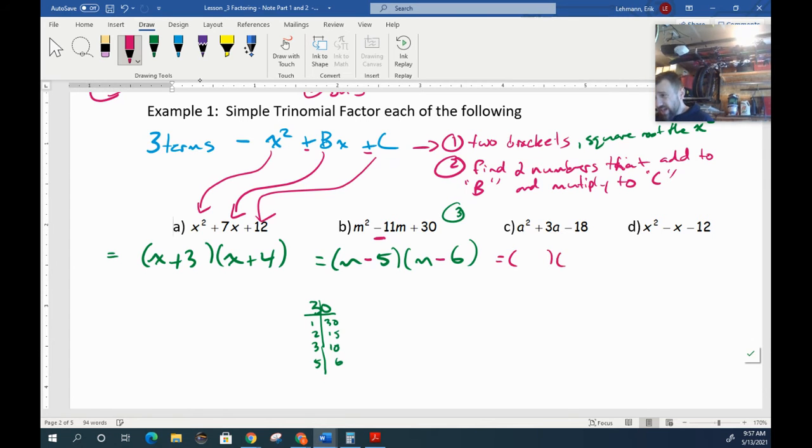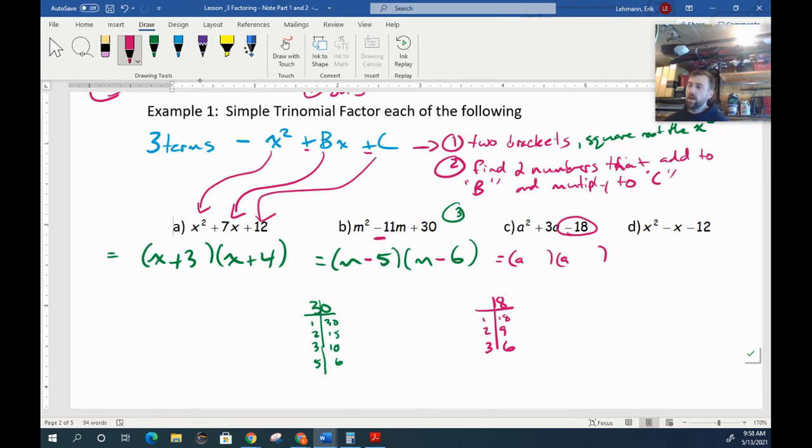Bracket, bracket, a, a. All right, two numbers that multiply to negative 18. Now, this is a big red flag here, okay? Negative 18. So our factors of 18 are going to be 1 and 18, 2 and 9, and 3 and 6.